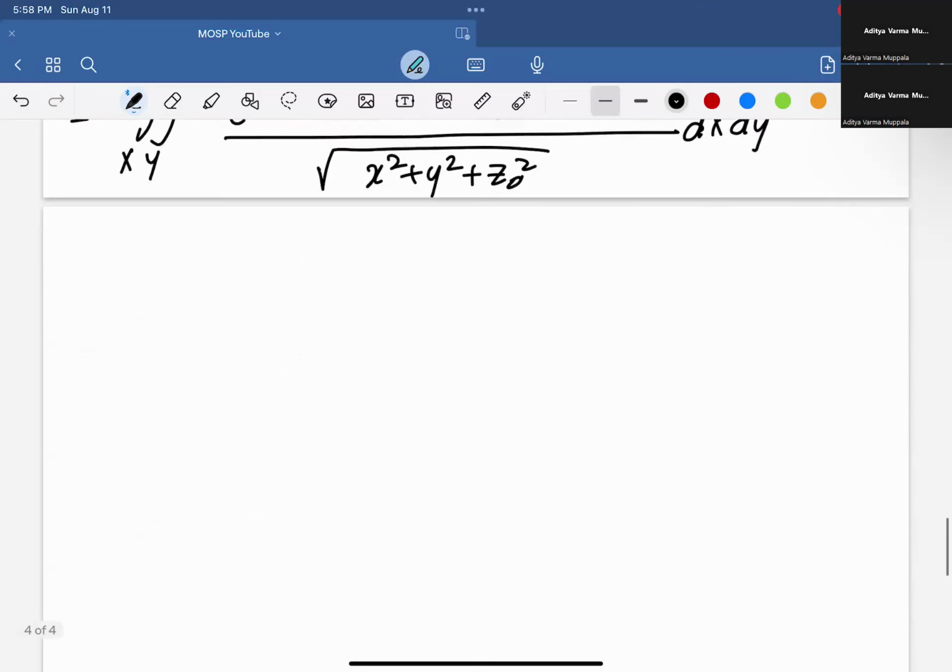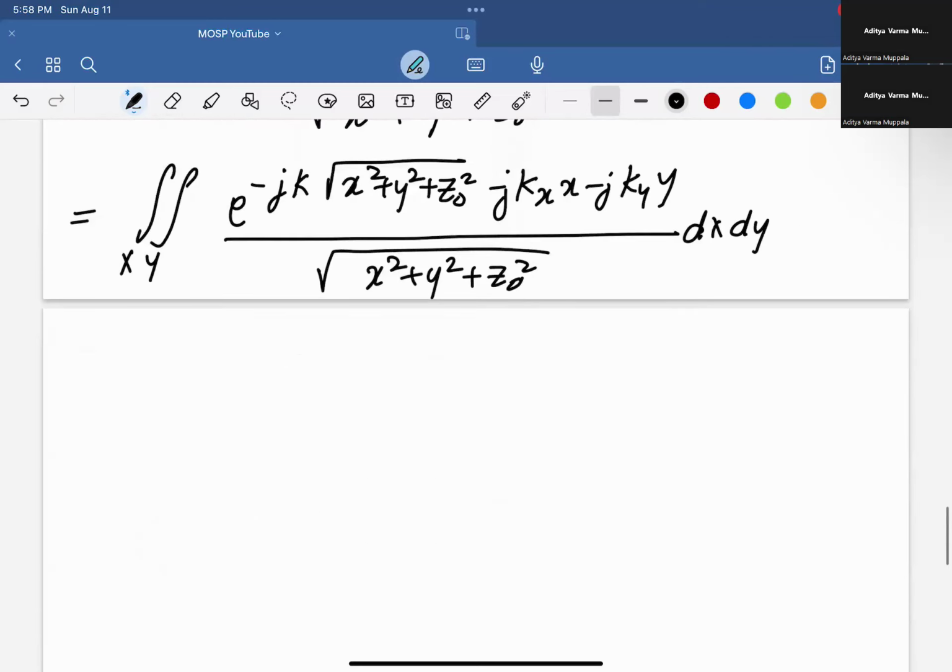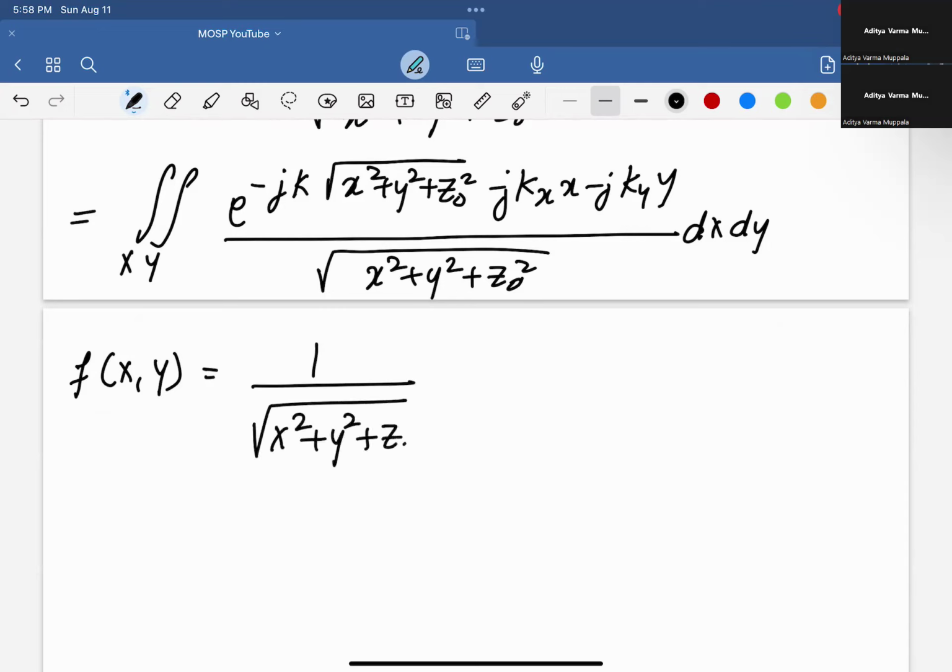And that's the integral we want to compute. Okay, so let's go through and calculate. Nothing really new now, it's just basic calculus. So we say f of x comma y is the square root of x squared plus y squared plus z naught squared.